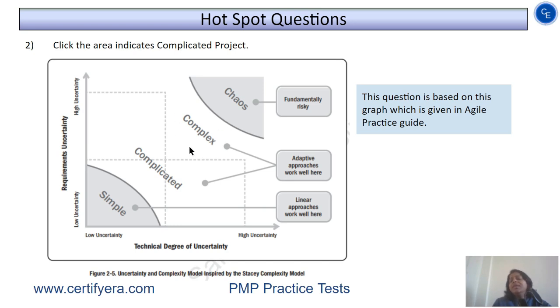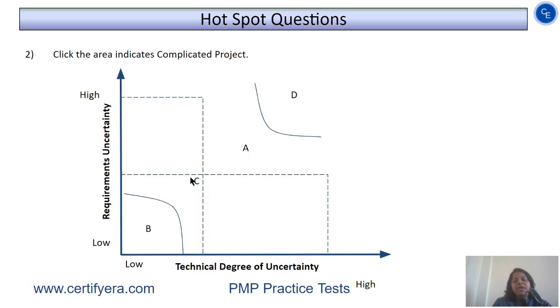And when the uncertainty is really difficult to handle, then the project will be in the chaotic region. So in this question, we need to identify the complicated project region, which is this. The answer for this question would be C, that is the complicated region.